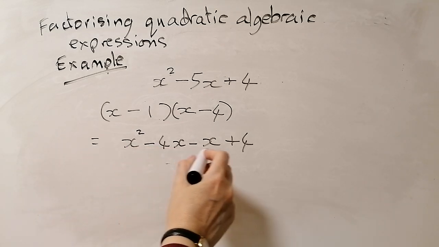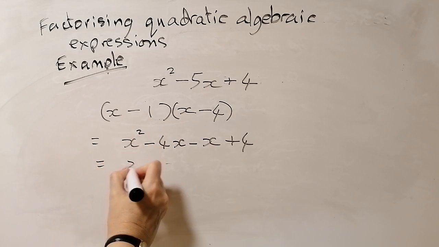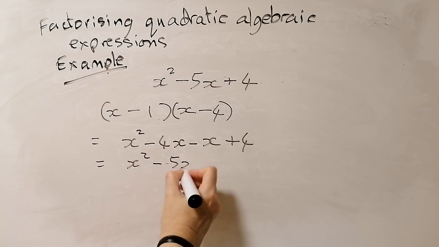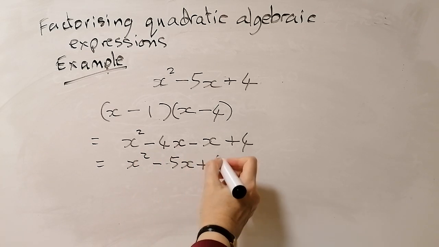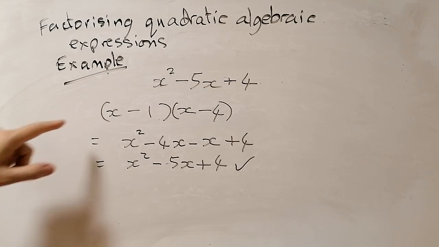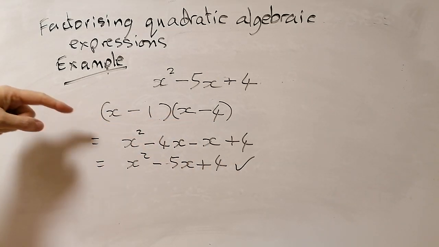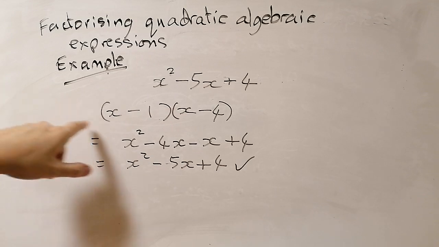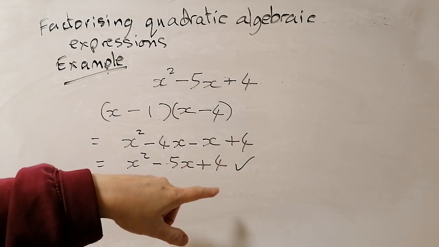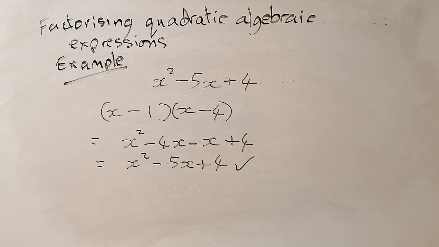Now we can collect these terms, and so we have our x squared there, and our -5x there, and our +4 there, and we can see that we're back to our original expression. That's just to double check that we've factorised it correctly, because if we factorised it correctly, then when we expand the brackets, in other words multiply them together, we should get back to our original expression, which we do.